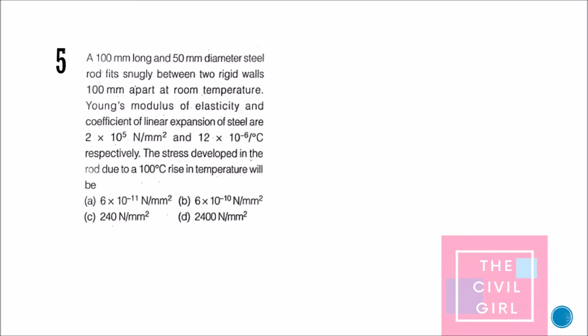Next question. 100 mm long and 50 mm diameter steel rod fits snugly between two rigid walls 100 mm apart at room temperature. So this means these are my two walls, 100 mm apart, and a rod of 50 mm dia. So the dia is 50 and the length is 100 mm. We can see that it is about the expansion of steel.